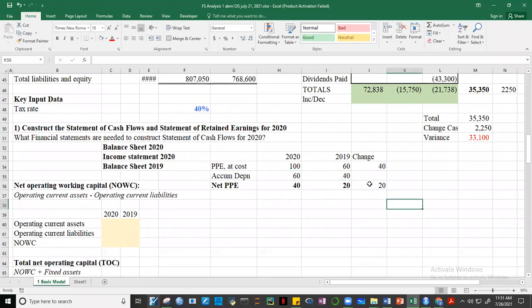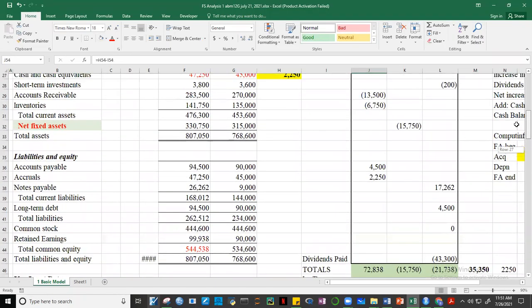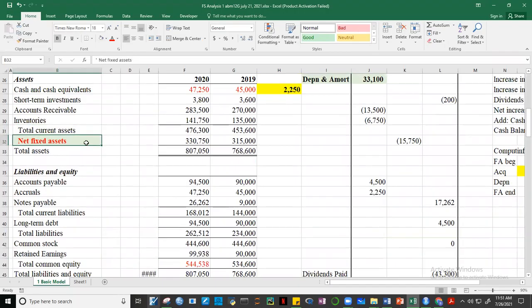Binawasan natin. Kaya ang nakukuha nating figure dito mali, guys. So this is wrong. The actual investment in PPE is not 20, it's 40. No? And the problem is, wala naman binigay sa atin dito na at cost. Ang binigay lang yung net fixed assets.